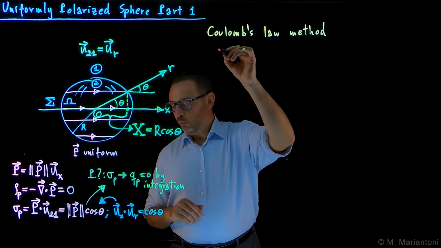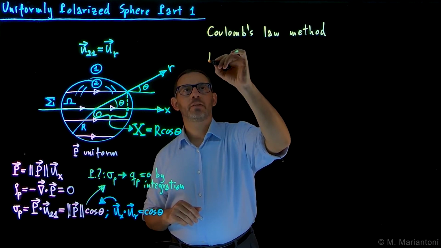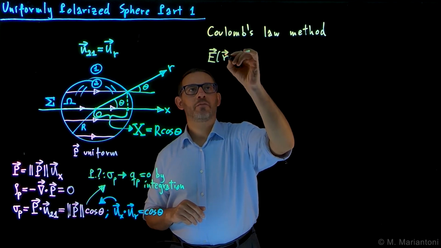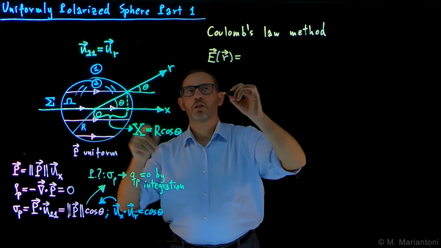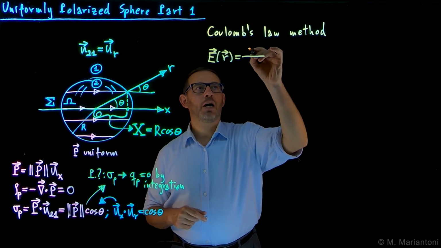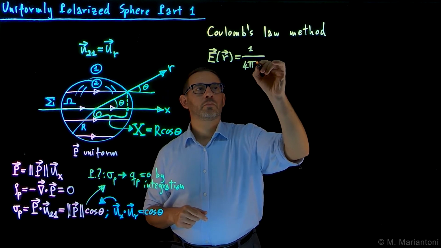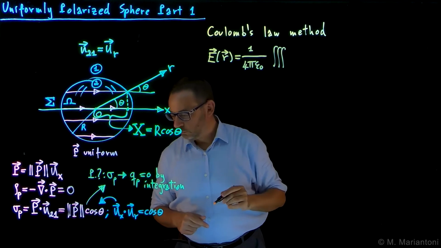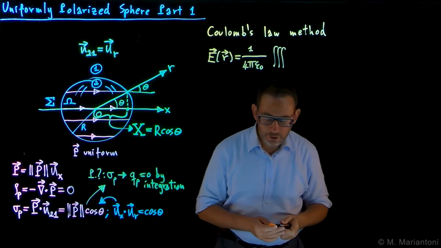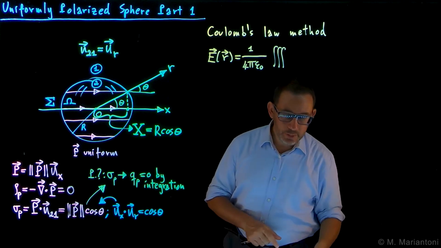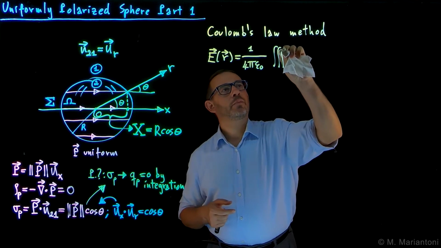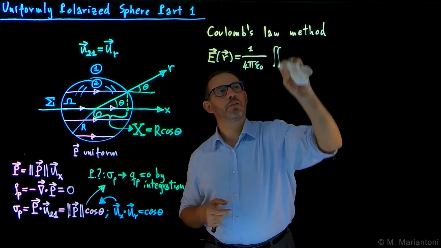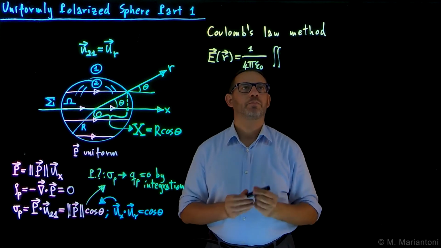So in this case, we could find the electric field E at any observation point R, vector in space, with respect to this origin O, as 1 over 4 pi epsilon naught, the volume integral. Well, in this case, actually, we don't have a rho p, so the only thing we need is actually a surface integral, because the charge is only distributed on the surface, on the external surface of the sphere.